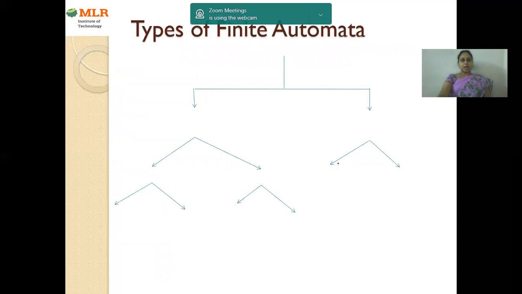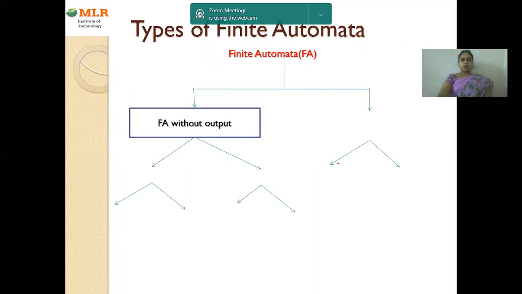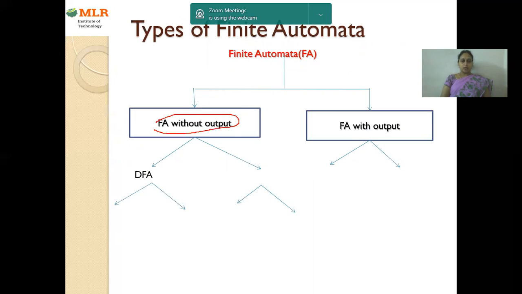And coming to the types of finite automata. Here, finite automata is classified into two types: finite automata without output, and finite automata with output. Finite automata without output is again classified into DFA and NFA.